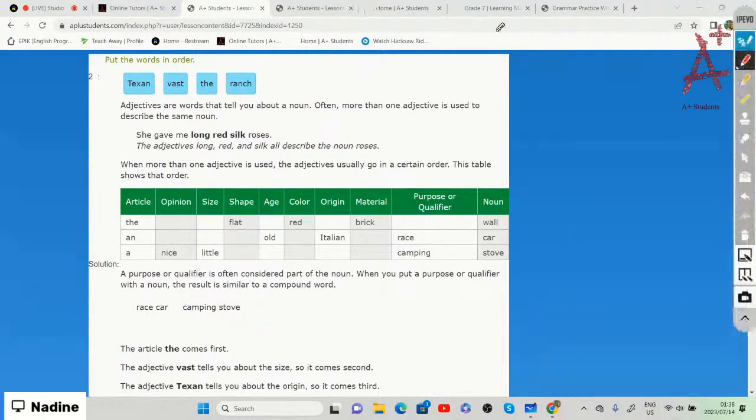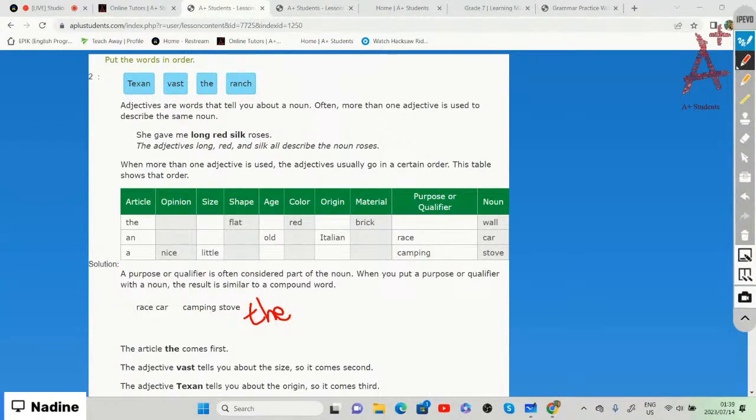So we already know that the is going to come first, because the is the article, and the article comes first.